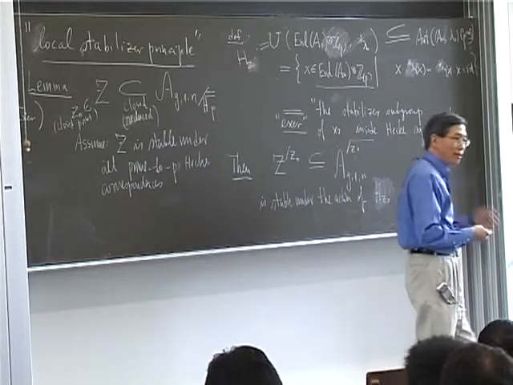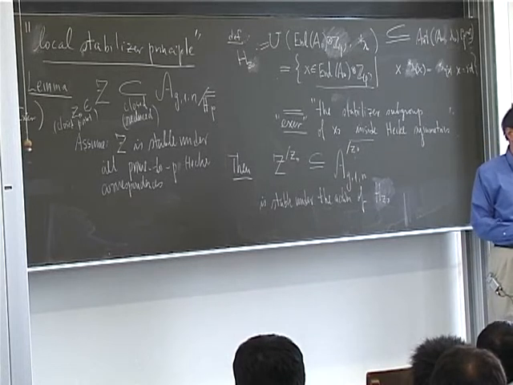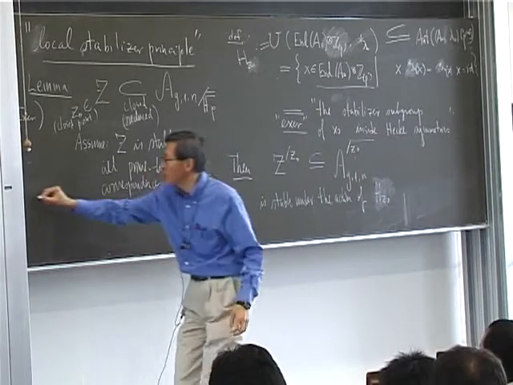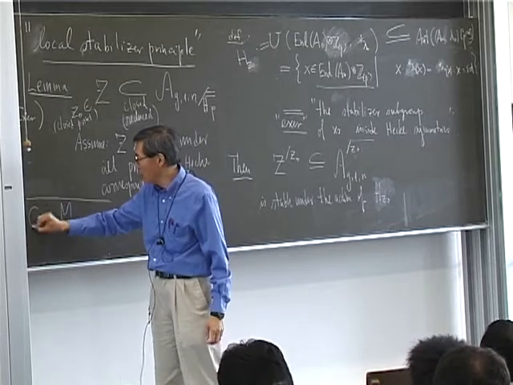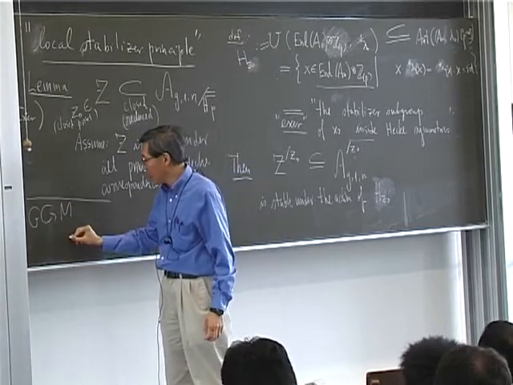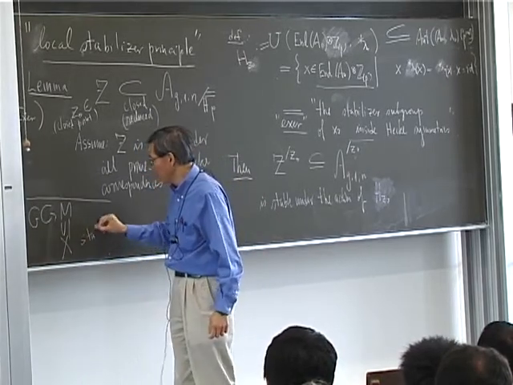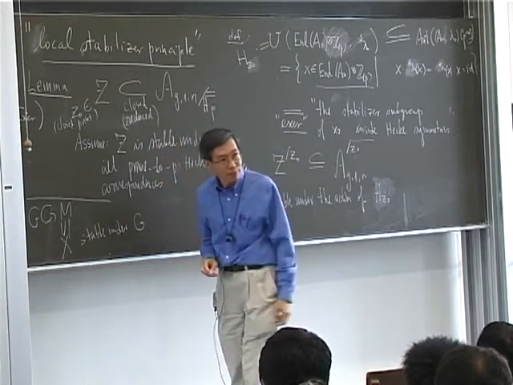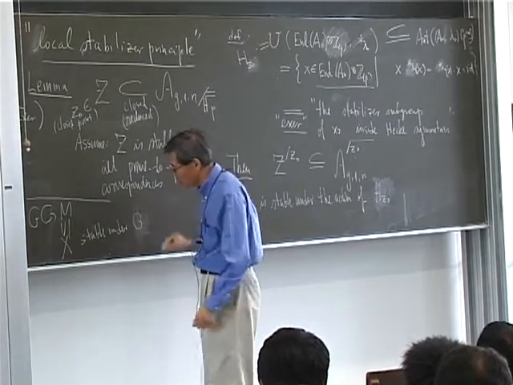What's the analogy about this statement, let's say, in differential geometry? In differential geometry, suppose M is a manifold. You have a Lie group G operating on it, and then you have a submanifold X contained in M, which is stable under G. That's okay.